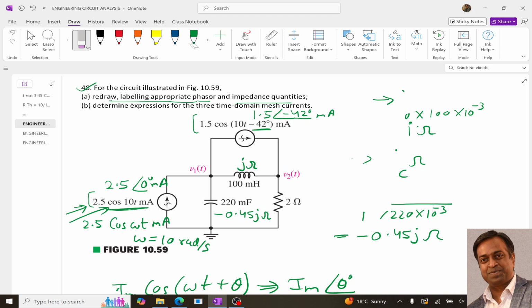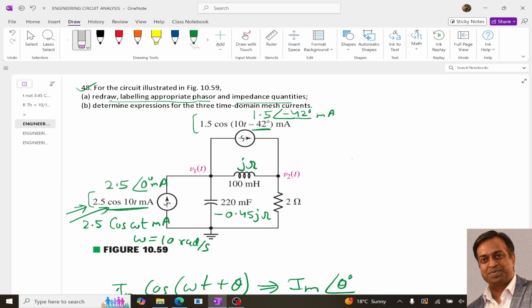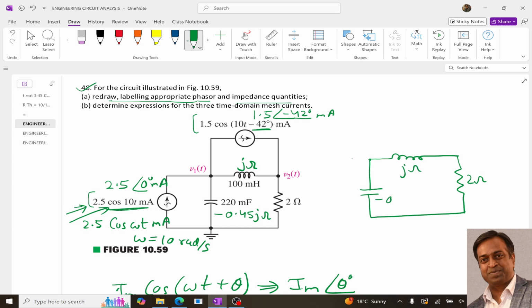So it means now I can redraw this circuit once I get all the values. So just to have a clear picture, redrawing it will be: it is 2 ohms, it is J ohms, it is minus 0.45 J ohms.